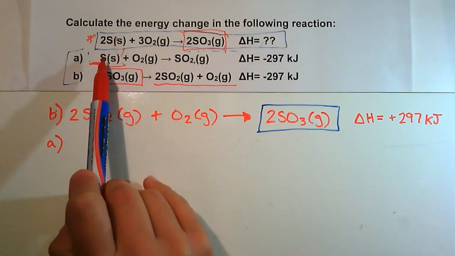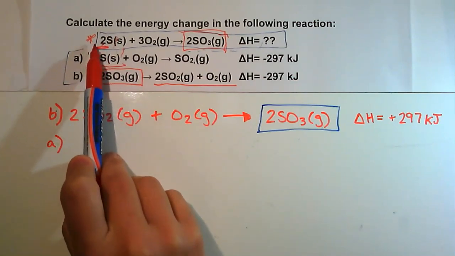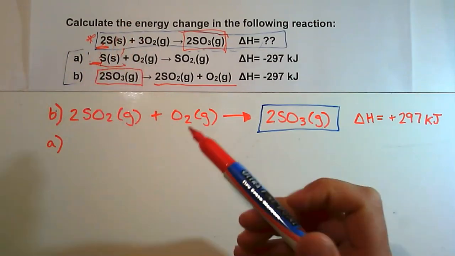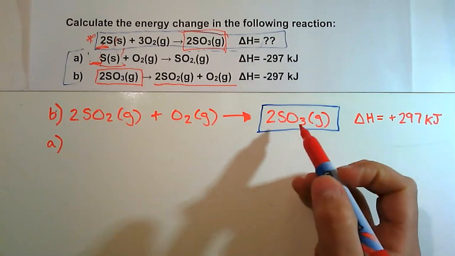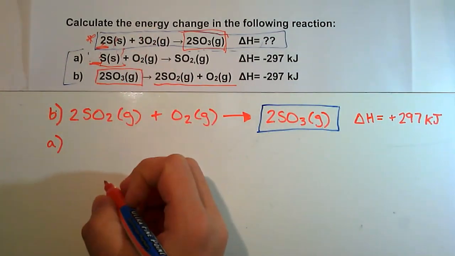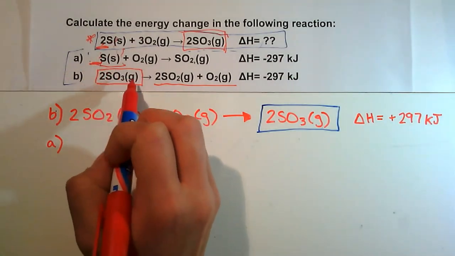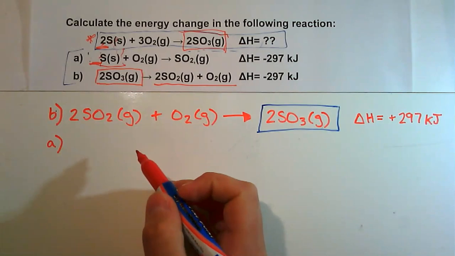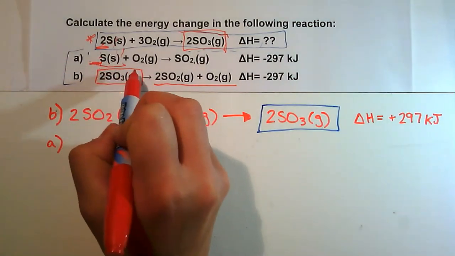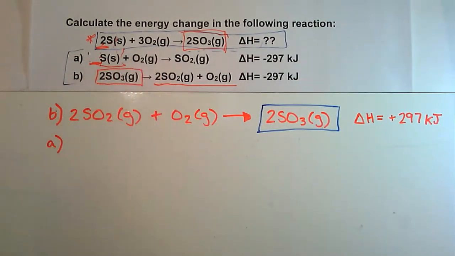And so looking just at that sulfur, it tells me that I'm probably going to have to multiply my reaction by 2 to get to my target equation. I'm thinking that, but I'm also looking at what's going to cancel. When you're doing Hess's law problems, it's important to look at one thing at a time and try it out, but then to also at the end make sure things cancel. So we're going to try out multiplying reaction A by 2, and then we'll make sure that the things that we don't want end up canceling out.